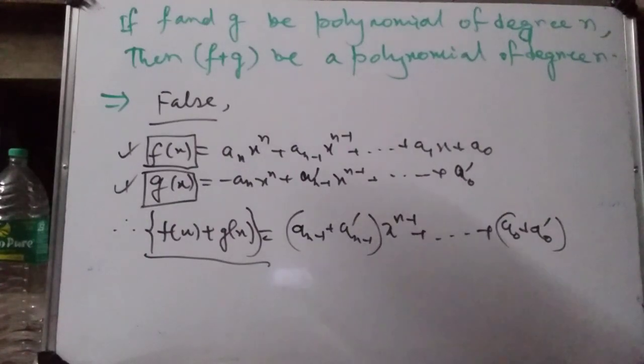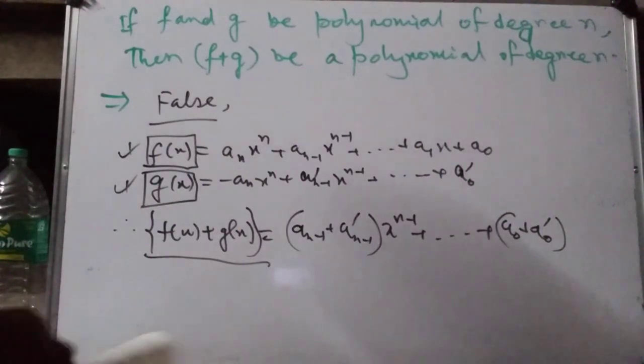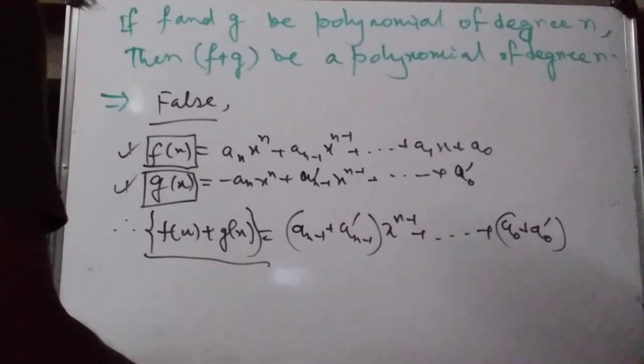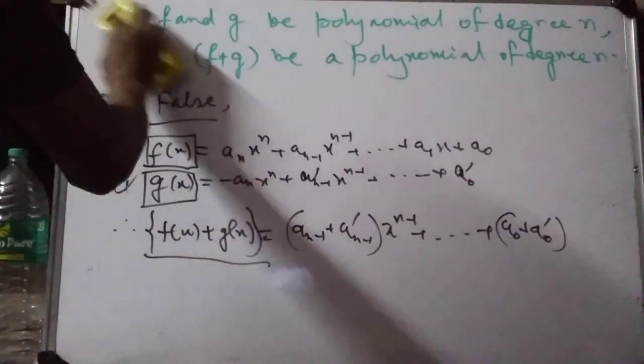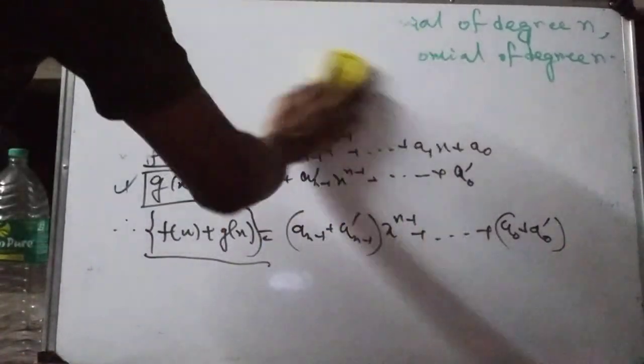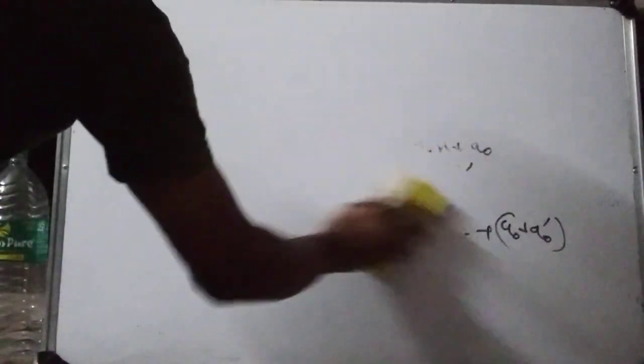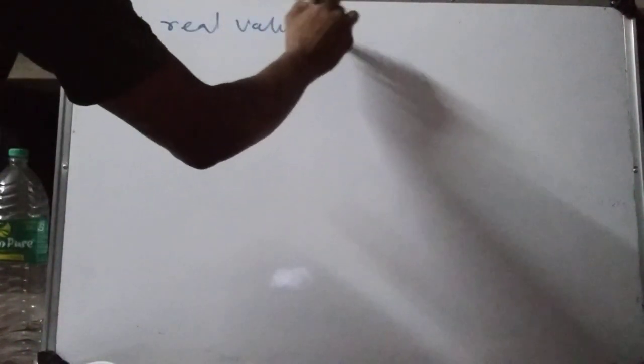So this is an important example we discussed today, and obviously we also discussed similar examples. We also know about some even functions and odd functions. Today we discuss that, so we write it here. Which function is called an even function?